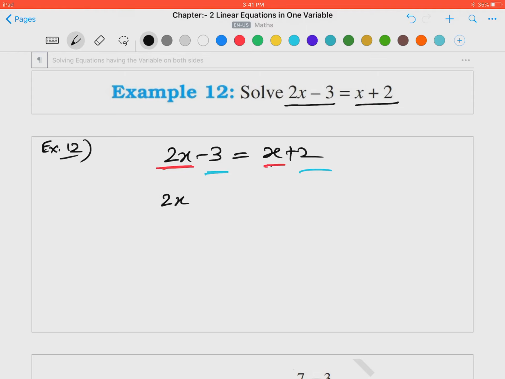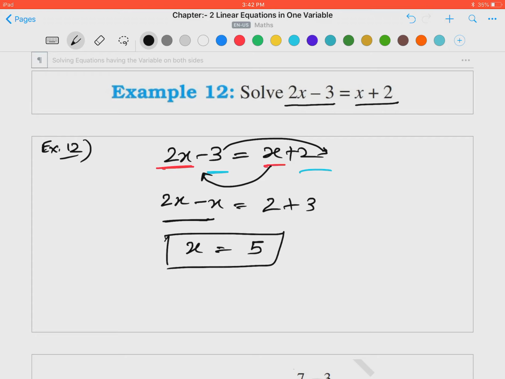This x will be shifted to this side, so this plus x will become minus x, equals, here we already have plus 2, and this minus 3 will become plus 3. So 2x minus x is x, and 2 plus 3 is 5. So the solution of this equation is x equals 5. That means for this value of x, both sides of the equation will be equal.